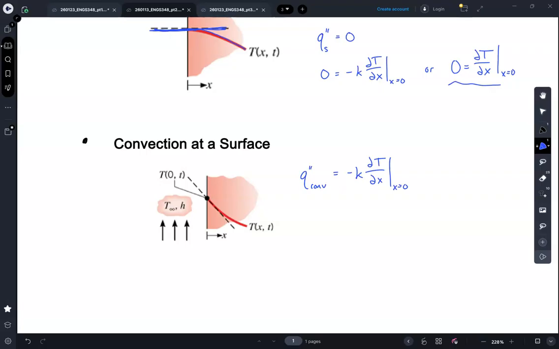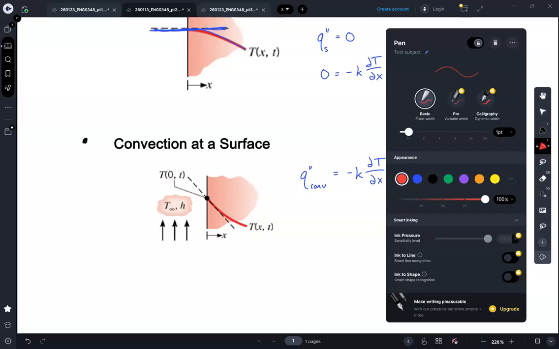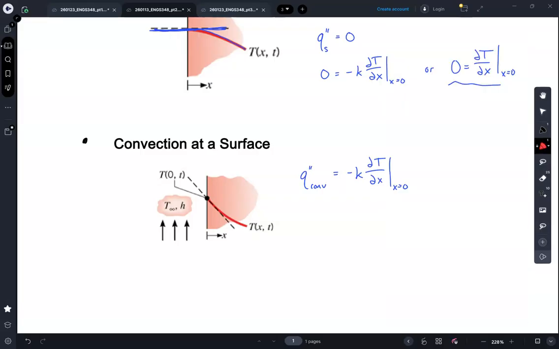And again, where these equations are coming from, I'm simply doing an energy balance at the surface and saying that the heat coming into one side of the system, so the heat flowing here, is equal to the heat that's flowing there, because they have to be equal, because the heat didn't disappear as it went from left to right. So that's all that I'm saying. That's where these equations are coming from.